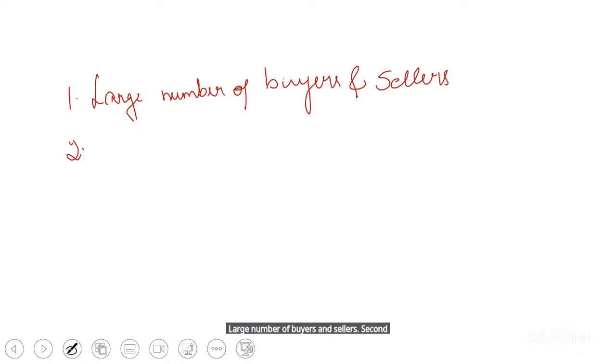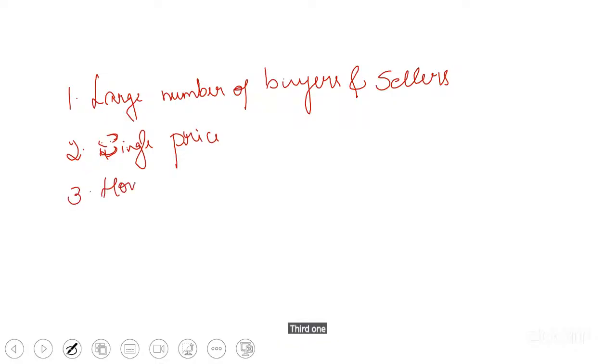Second one, single price. Third one, homogeneous goods.